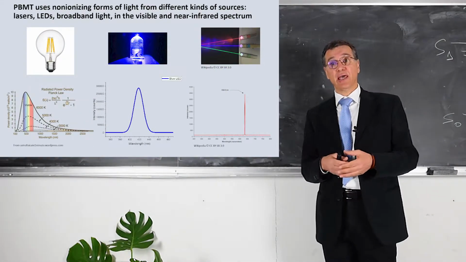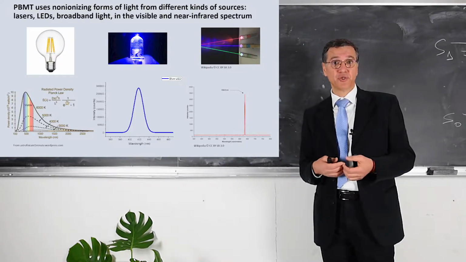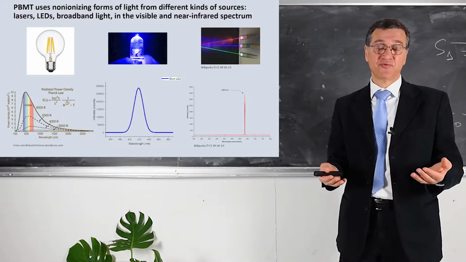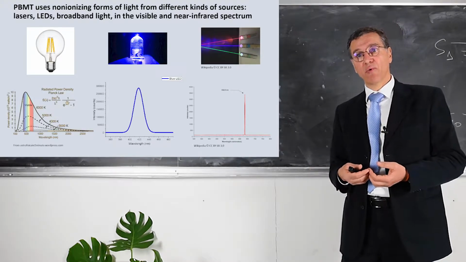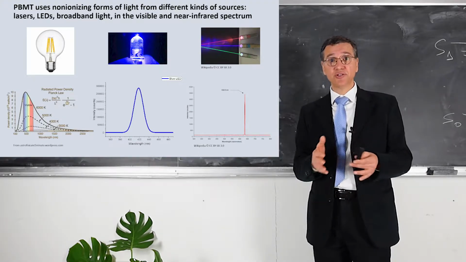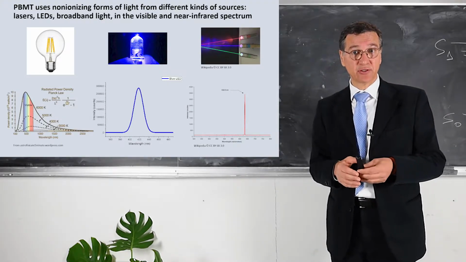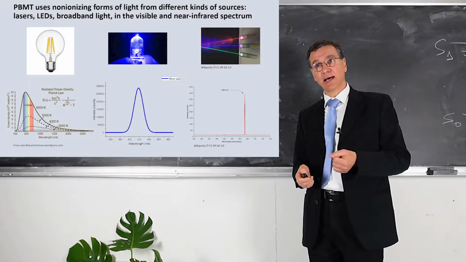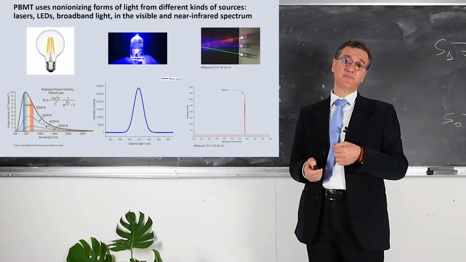We can use a simple white lamp, which has a black body emission that is very common, where we have mostly the light centered into a frequency which depends on the temperature. Then we have a more monochromatic light produced by an LED.